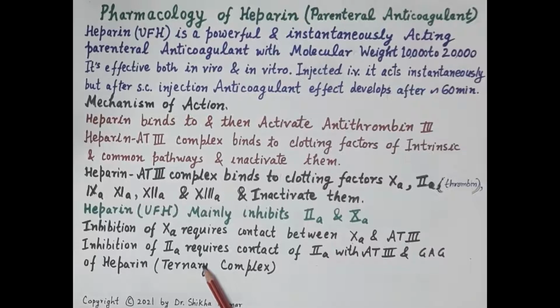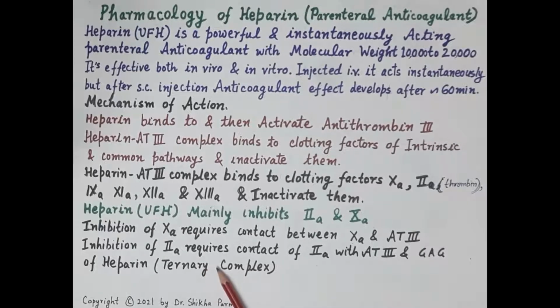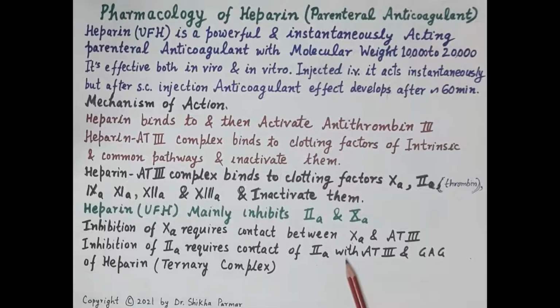Important to understand that thrombin is inhibited only when there is formation of the ternary complex. In the ternary complex, thrombin binds or complexes with heparin as well as with antithrombin 3. Now let's study the mechanism of heparin in detail with the help of diagrams.